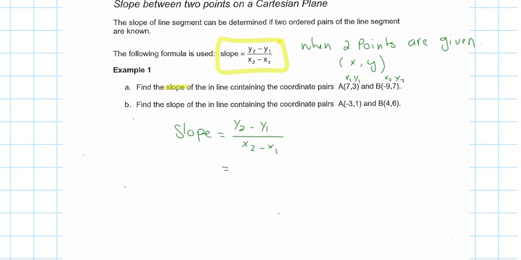So what I'm going to do is replace y2 with 7. And I'm going to write the minus. What is y1? y1 is 3. Okay? So I'm going to replace y1 with 3.